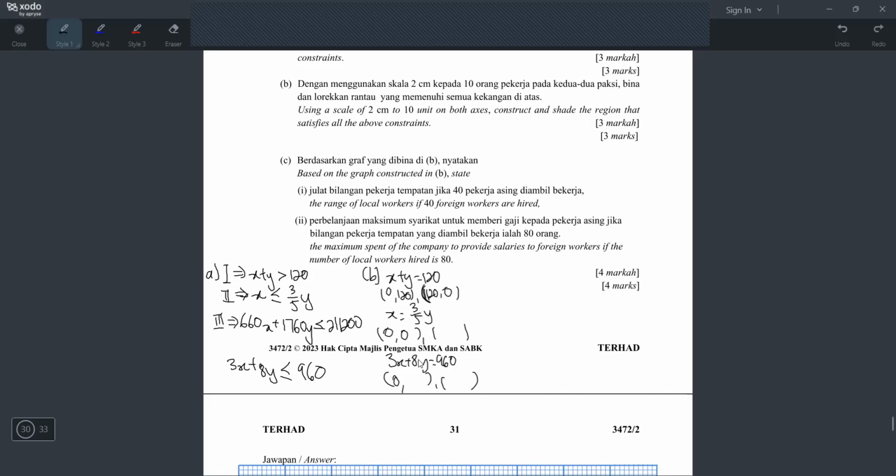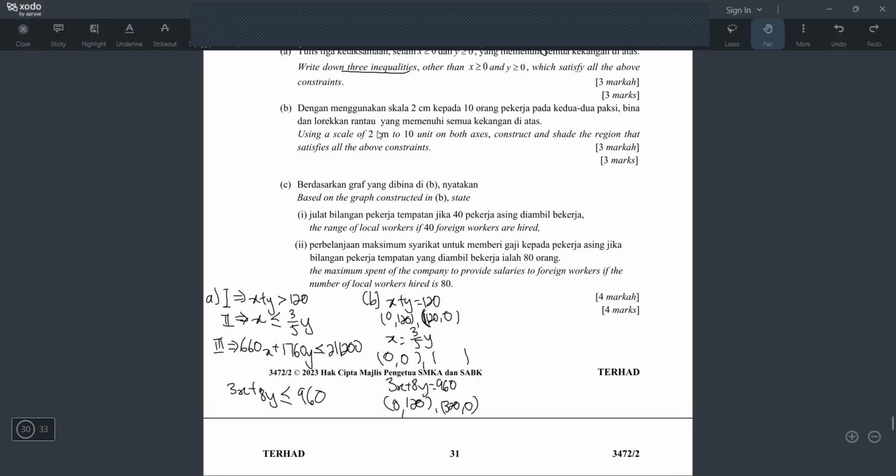Let's press the calculator. Okay, 12. Not 12, 120, sorry. And then when Y equals 0, what do I get? 960 divided by 3, 320. But I feel like I can't plot 320 in the graph, the graph is not big enough, but it's okay.